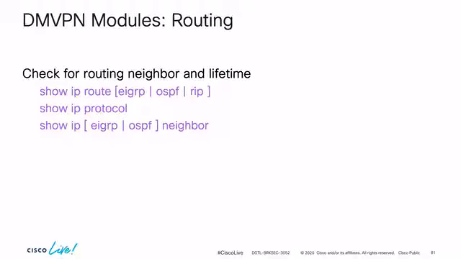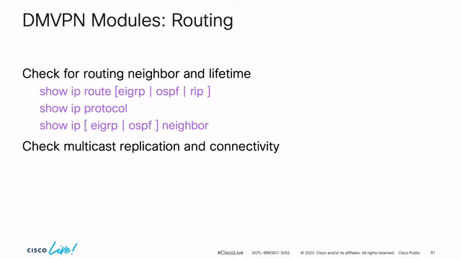One other show command which is useful to check in a DMVPN network is show ip nhrp multicast.